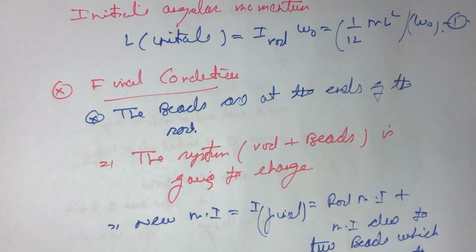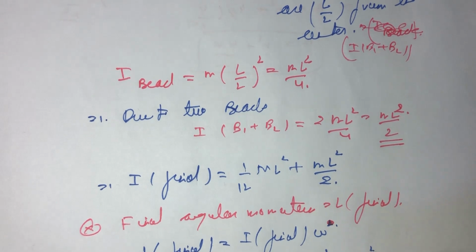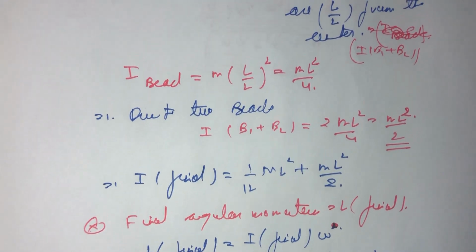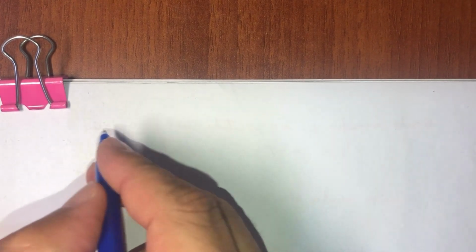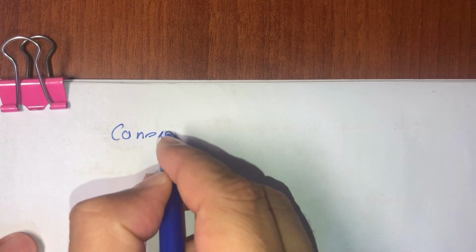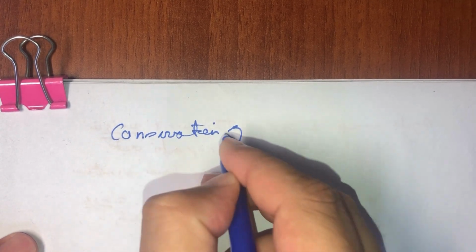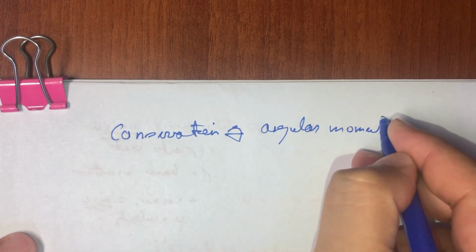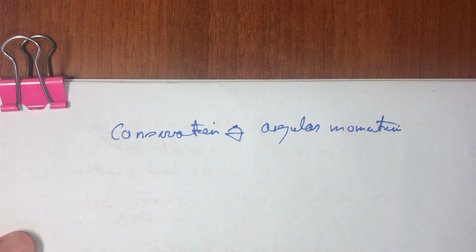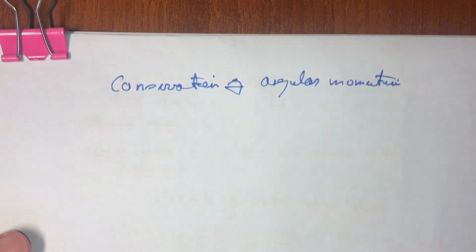So we know L initial, that's called equation number 1, and L final equation number 2. Now we are going to use conservation of angular momentum. L initial will be equal to L final.